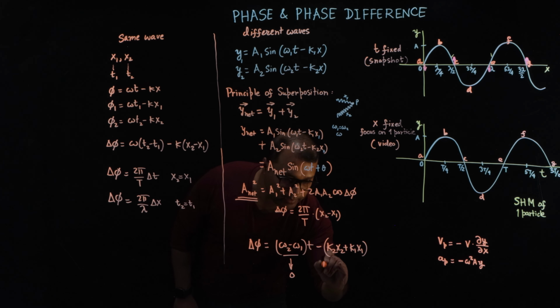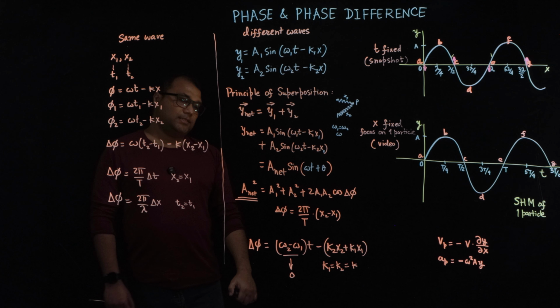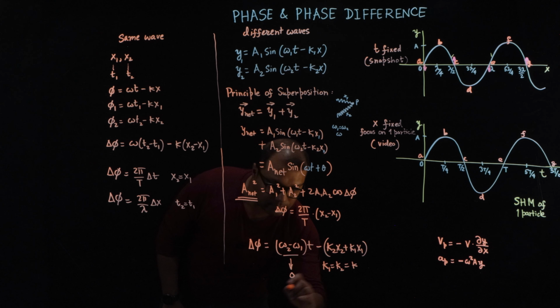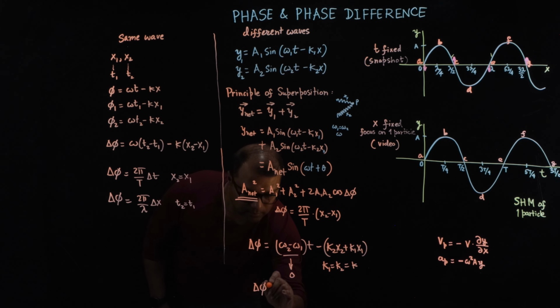And if k2 and k1 were the same, which means their wavelengths are the same, then phase difference is only 2 pi by lambda times x2 minus x1.